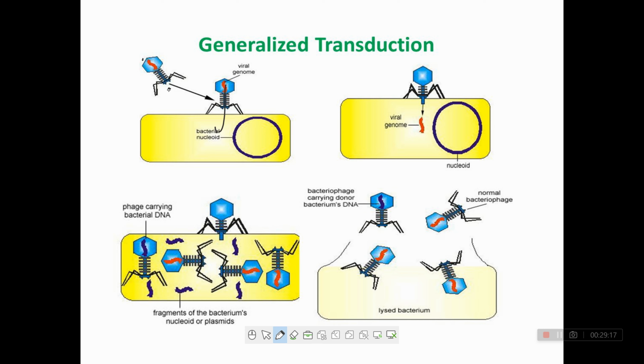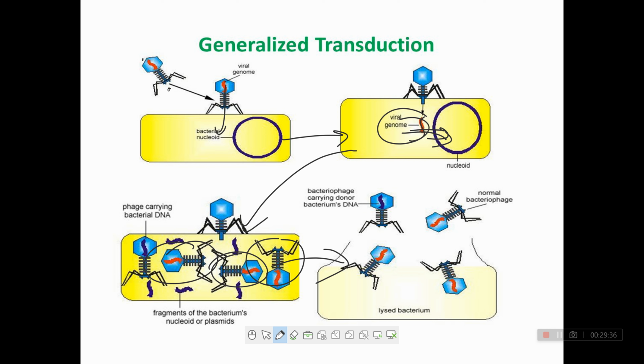See, the genetic material, the viral genome, goes inside the cell. When it goes inside, they form a recombination. They synthesize their proteins and form a new phage. After forming new phages, the cell bursts and the phages go to another cell and transfer their genetic material.